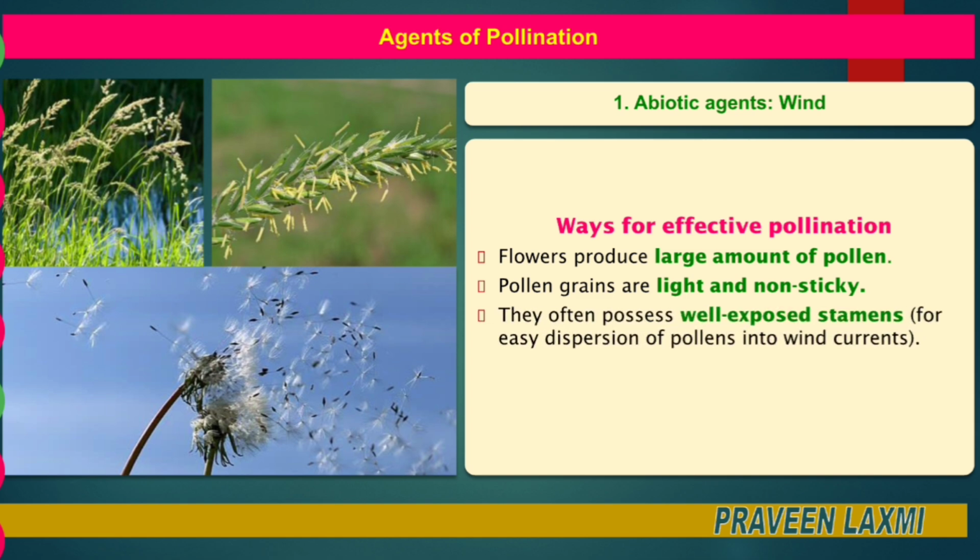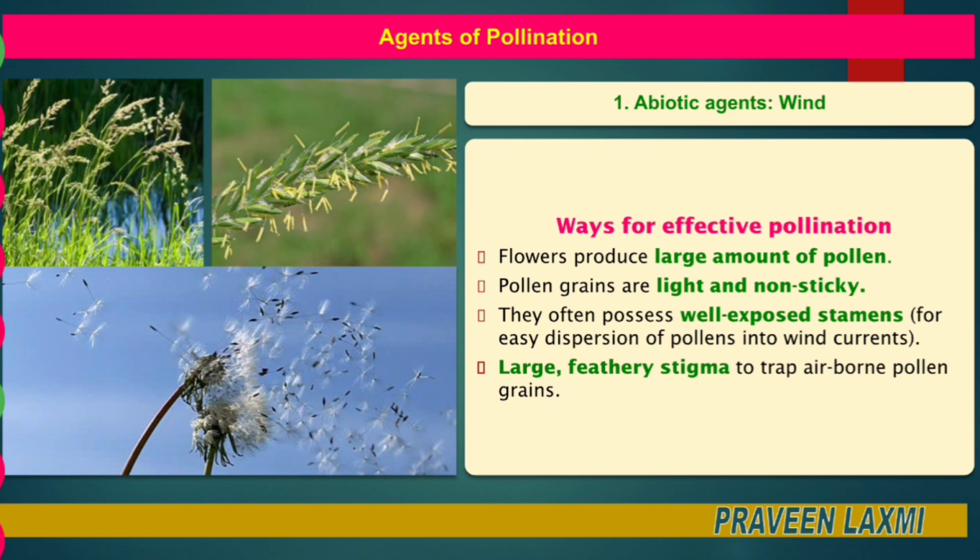Then they often possess well exposed stamens. Yes or no? Why? For easy dispersion of pollen into the wind current. It should also have a large feathery stigma to trap airborne pollen grains. How should the stigma be?